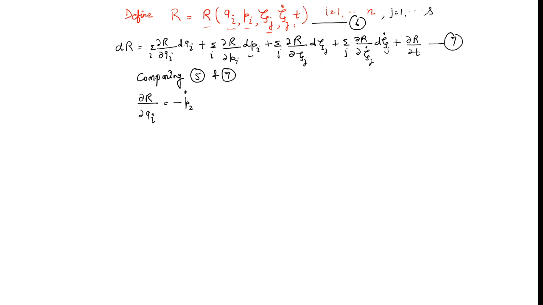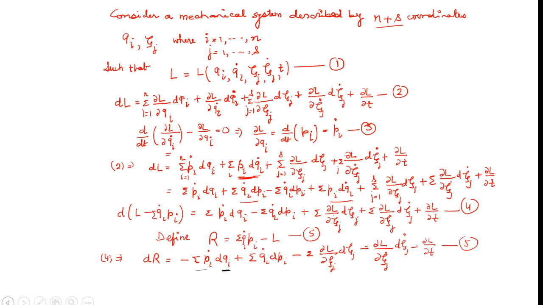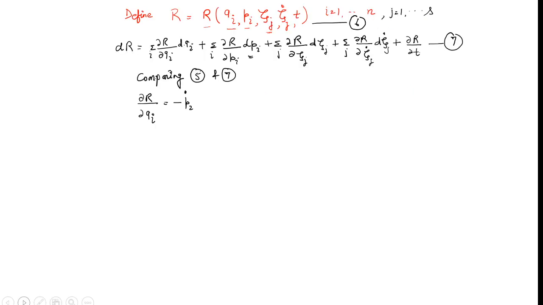Likewise, I'll compare the coefficient of dpi, which you can see is qi dot. So I'll get the relation delta R delta pi is equal to qi dot.